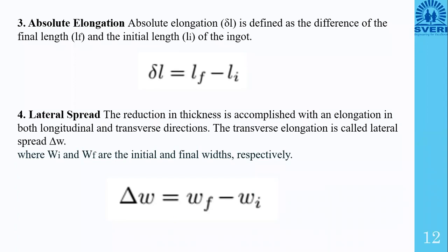But not only is length increased, some amount of width is also increased. So how much width is increased? That is also called transverse elongation or lateral spread.